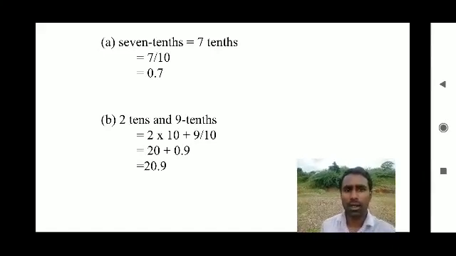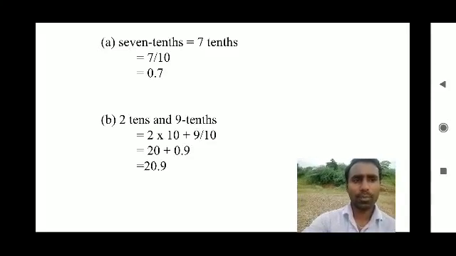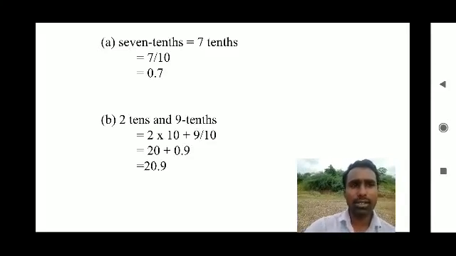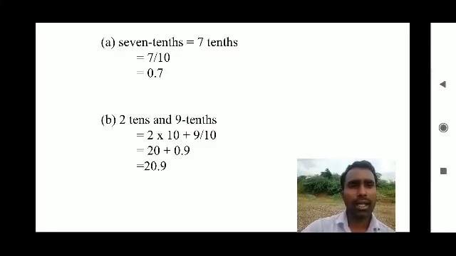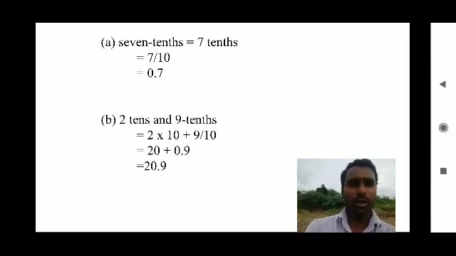Next one, 2 tenths and 9 tenths. 2 tenths means 2 into 10, that is 20, and 9 tenths means 9 divided by 10, which is 0.9. 9 divided by 10, 1 zero, 1 point, 0.9.